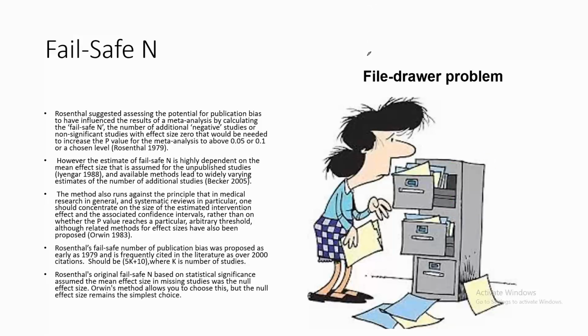Okay, I repeat, the fail-safe N tells you a number. It will come out with a number. And that number, according to Rosenthal, is the number of papers you have left out, or chucked into the drawer simply because they reported insignificant values. Number two, as per Rosenthal, if you bring out these papers and add them to your present database, what was my database?